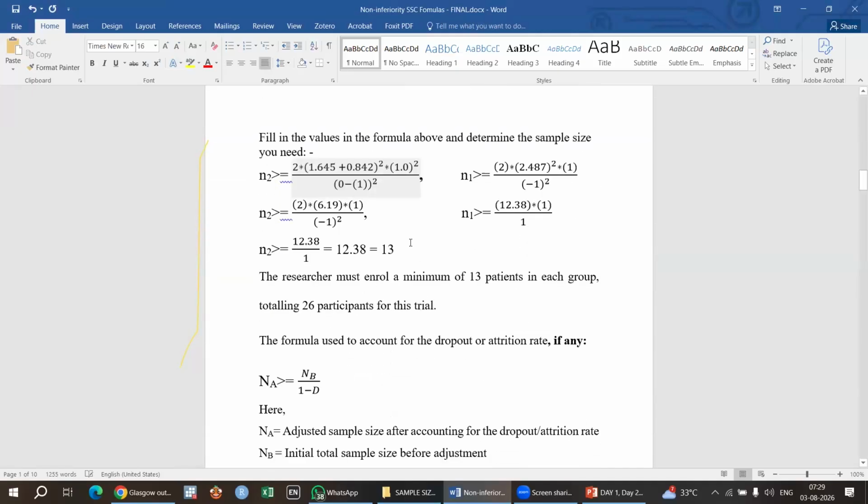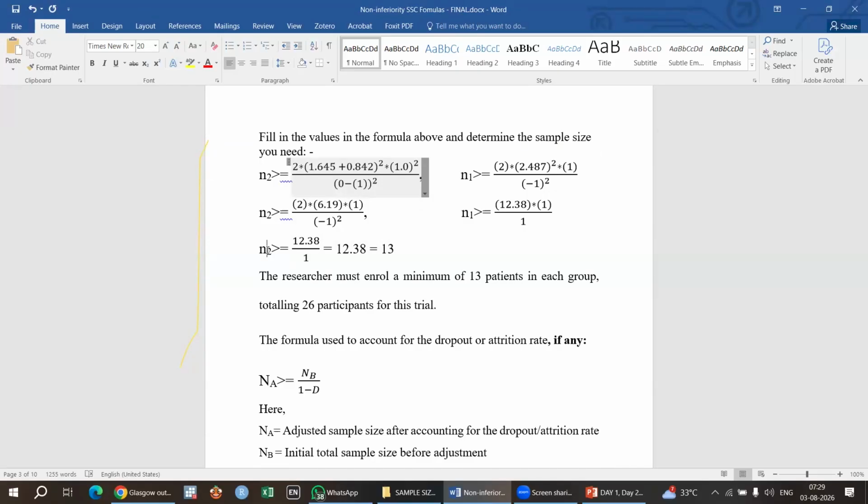But here we have used 90% power. Not CI, 80% power. Krishna Swami, that is not CI, that is power, yes.